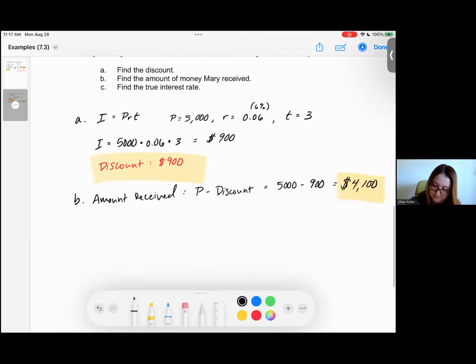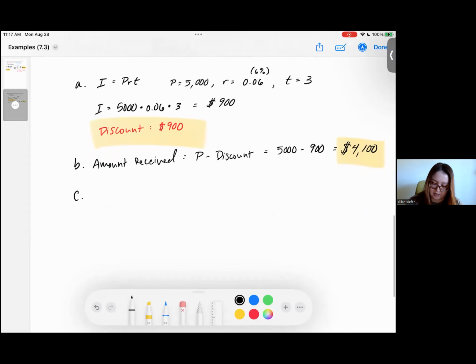So going on to part C, when we calculate this now, we're still using our interest formula, and interest equals principal times rate times time. But now we're saying the principal was $4,100. That was how much she actually received.